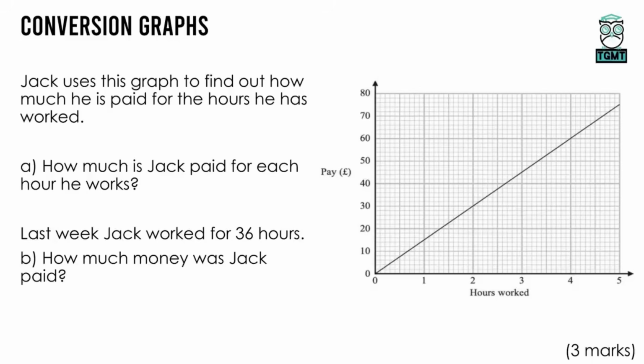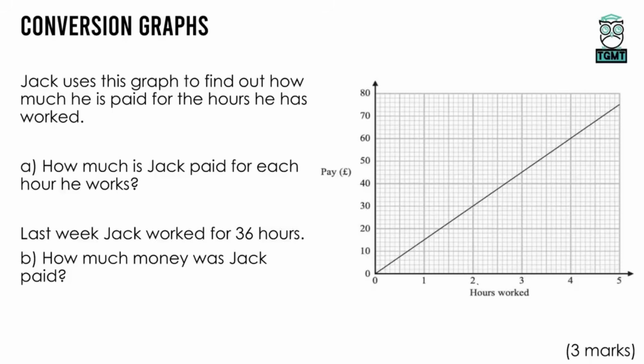We're going to treat it in exactly the same way. So this is more of a real life graph where it's showing how much pay you get for a certain amount of hours. It says here, how much is Jack paid for each hour that he works? Now it doesn't really matter exactly where we go up from, but I would have a look on the left of the axes there to see if any of the 1, 2, 3, 4 or 5 hours lands on a nice number.